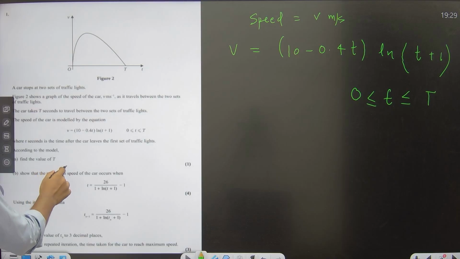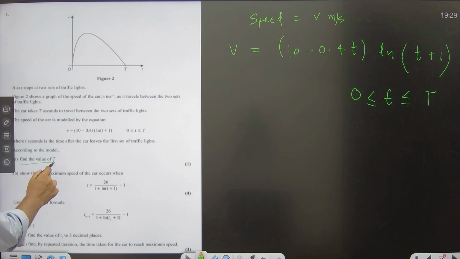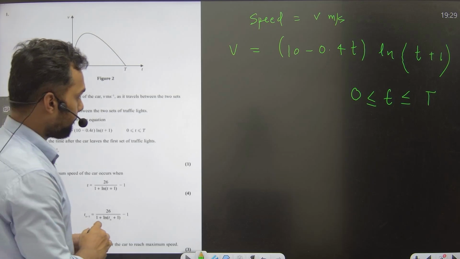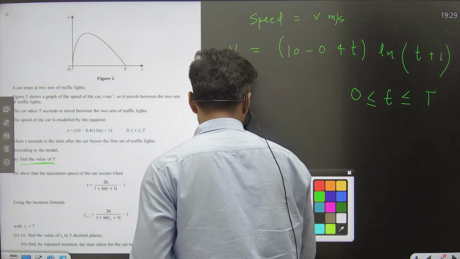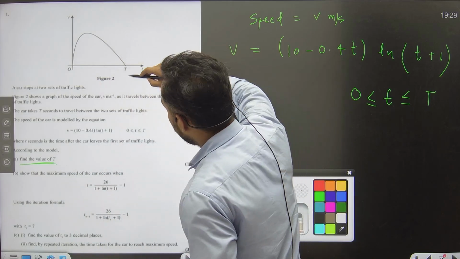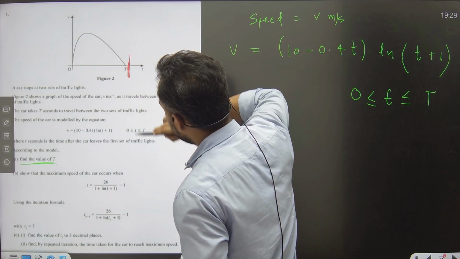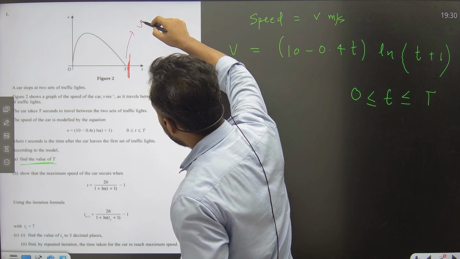In the first part, they have told us that t seconds is the time after the car leaves the first set of traffic lights. According to the model, find the value of capital T. If I set this at capital T, what is the velocity here? Velocity will be 0.